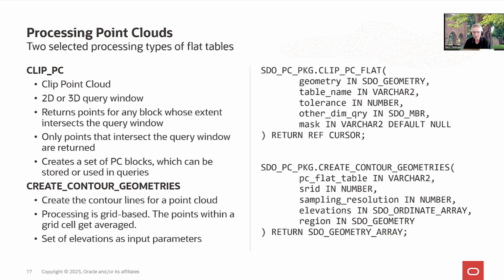And here you see the signatures for the two functions, like clip underscore PC, and the specific function for the flat files is underscore flat. And for the create contour geometries, we have an overloaded function that can either take an SDOPC or a flat table.